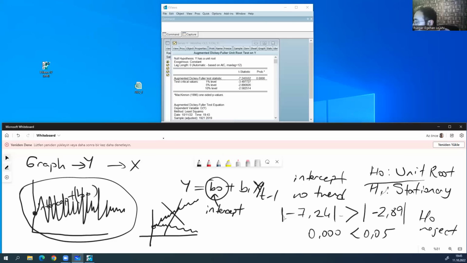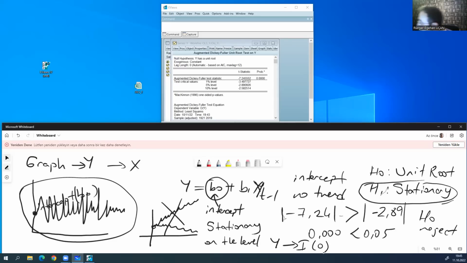So we can think that it is stationary. If a variable is stationary on the level, this means it is integrated of order zero, integrated on the zero level. This means I(0). Y is I(0).